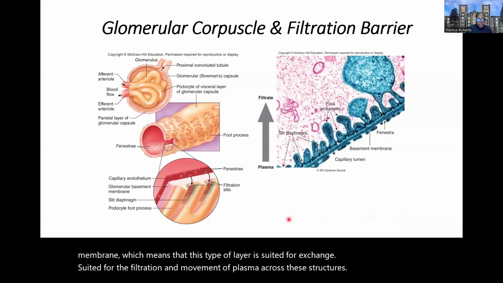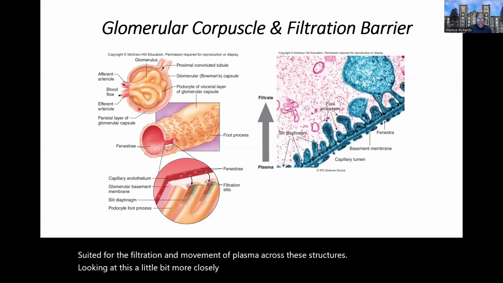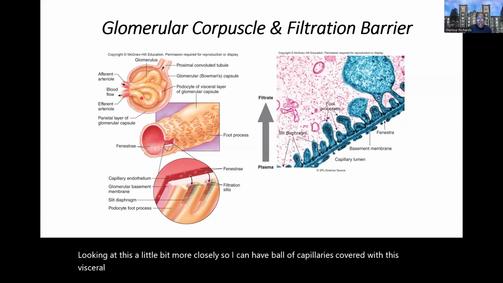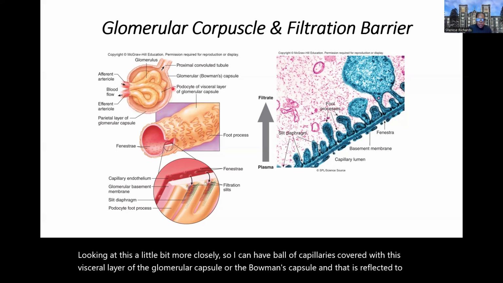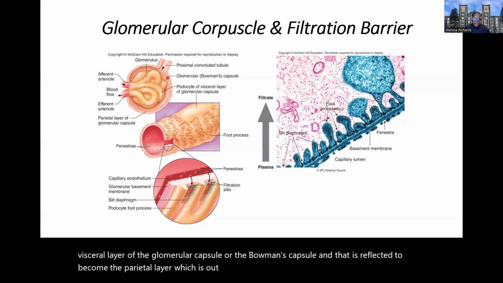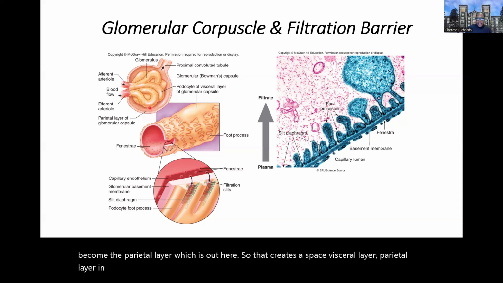Looking at this a little bit more closely, so again, our ball of capillaries covered with this visceral layer of the glomerular capsule or the Bowman's capsule, and that is reflected to become the parietal layer, which is out here. So that creates a space, visceral layer, parietal layer. In between those two layers is our filtration space.